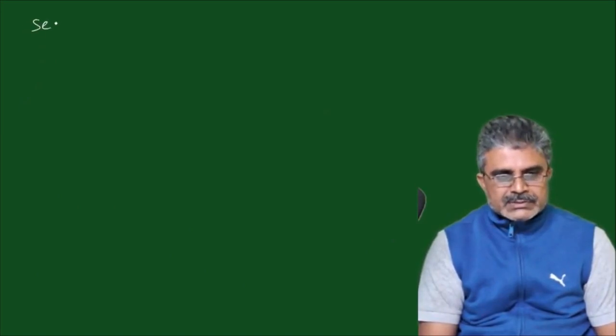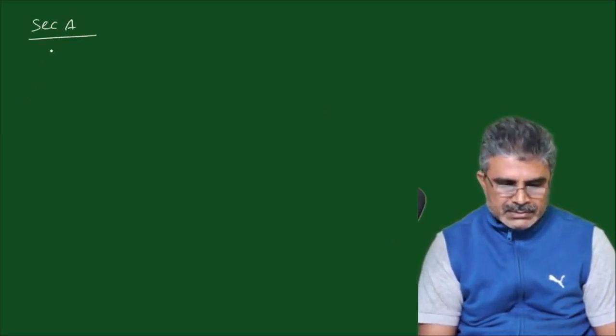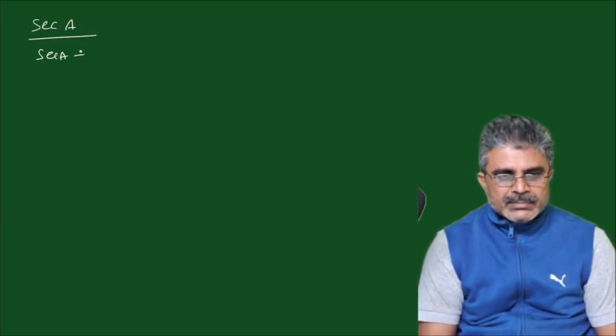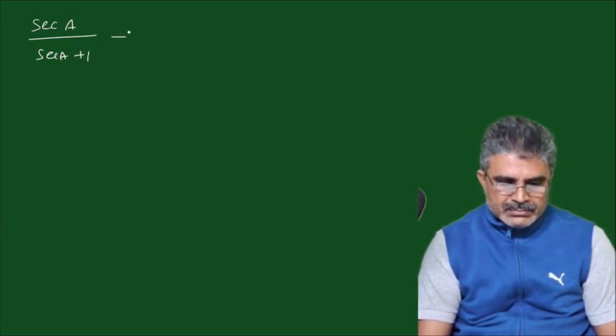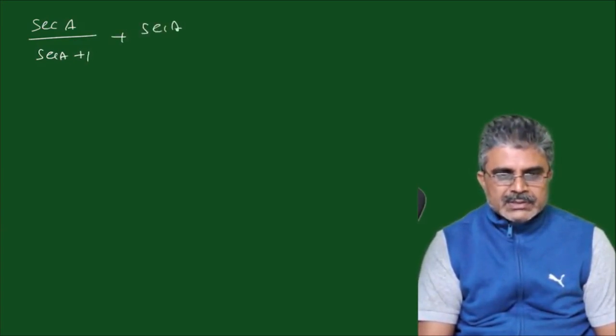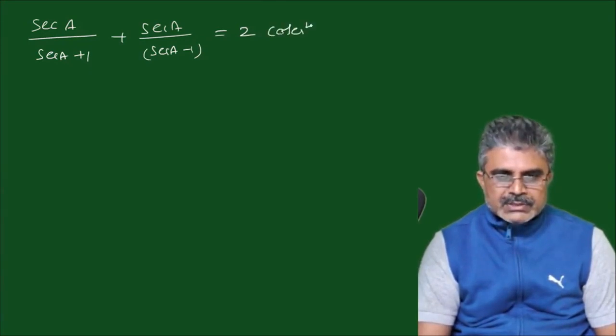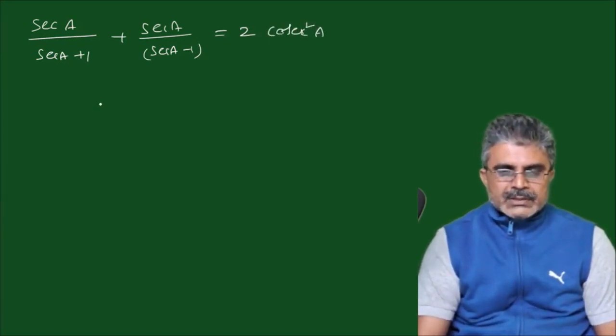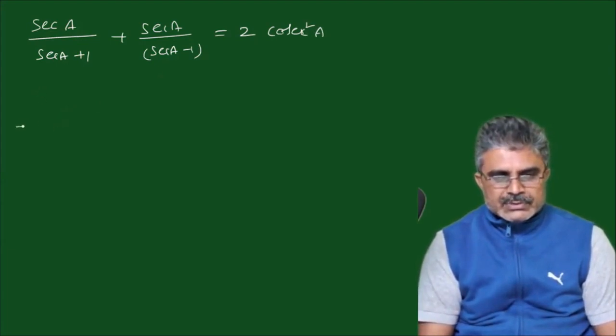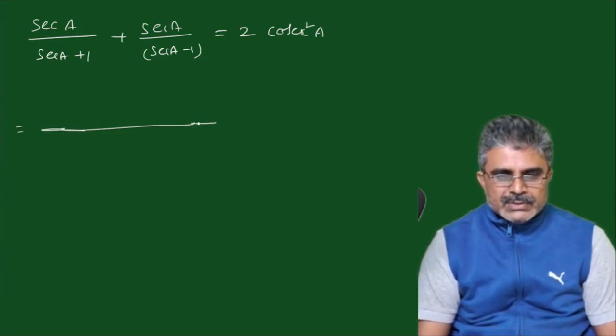And our next question is secant A by secant A plus 1 plus secant A by secant A minus 1, which is equal to 2 cosecant square A. Like the above problem, this also should take the LCM and multiply with the respective factors.